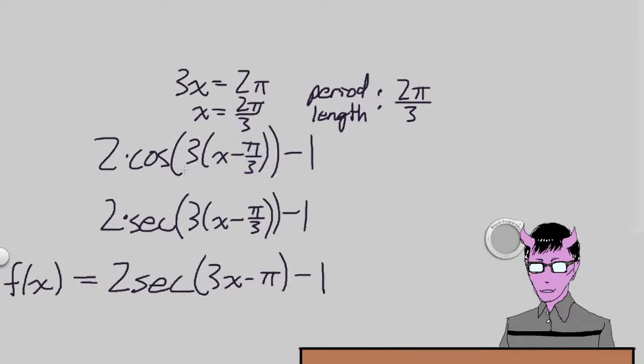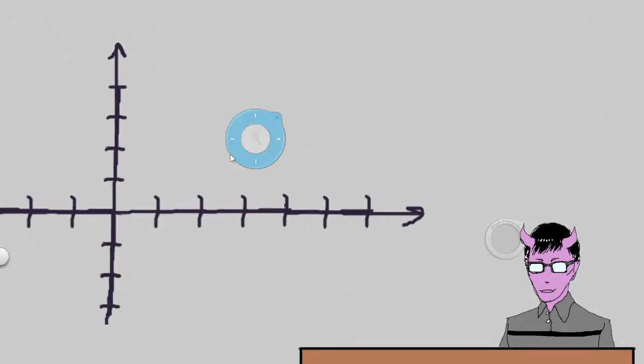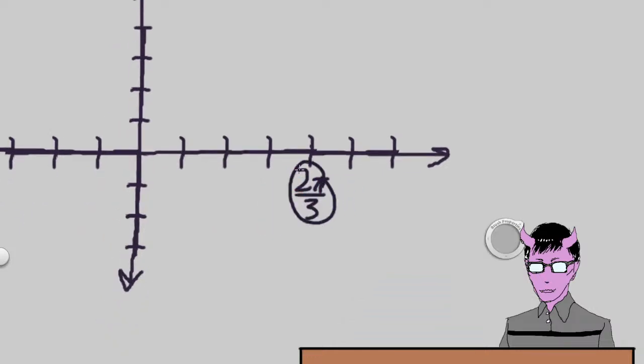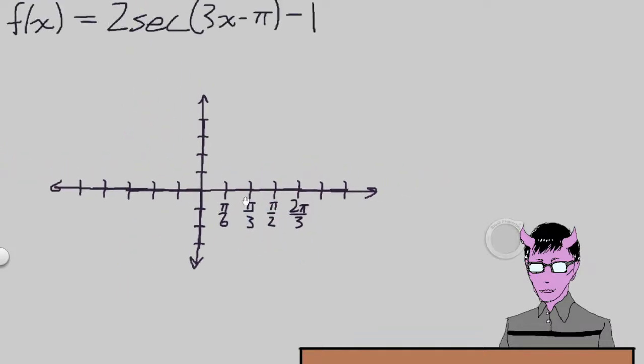But let's just get to graphing the cosine 3x. So again, this is going to be a full period. Starting from 0, 1, 2, 3, 4, we're going to hit 2 pi over 3. Half of this is pi over 3. Half of that is pi over 6. This one plus this one is going to be 3 pi over 6, which is pi over 2. Alright, so those are the hash marks.